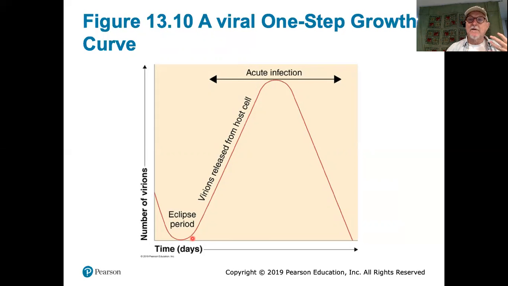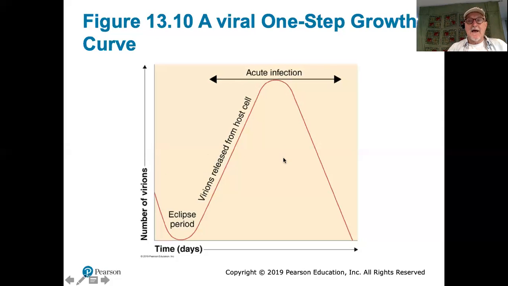And then all of a sudden, they all start to get released. They get released in a burst. The number of viral particles increases geometrically, not exponentially, it increases geometrically. The viruses are released, go out then to infect more of the host cells. So we see a very rapid increase in the number of viruses in circulation. And this is a period of acute infection.